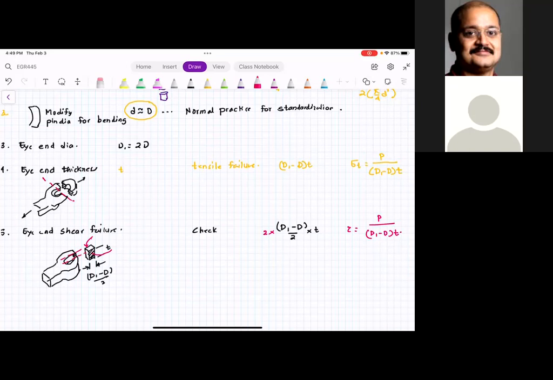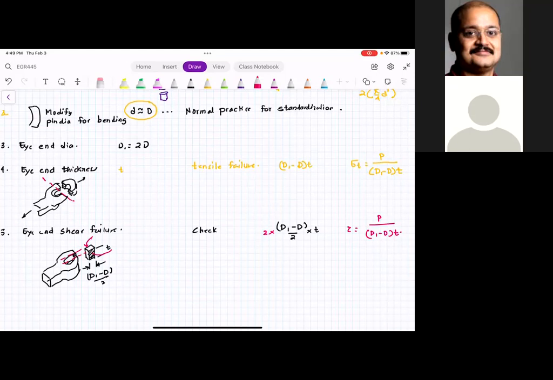Which means, if you use step number 4 and find out the value of T, do you agree with me that the value of T would be smaller than if you were to use step number 5? Do you agree with me?